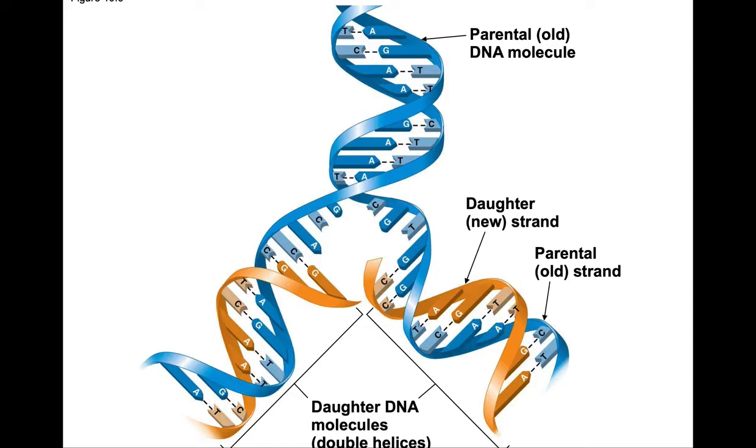So a brand new DNA will open up and make 2 new DNAs, and the 2 new DNAs will have an old strand acting as a template to make a new strand. So there's going to be an old and a new within the new DNA. Now that has a name that's called semi-conservative. So when I have a new DNA having half old and half new, that's called semi-conservative.